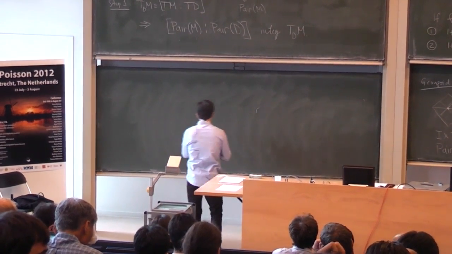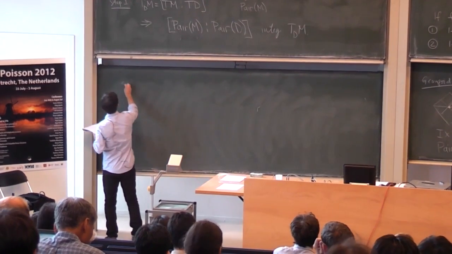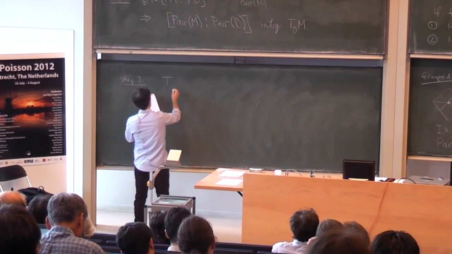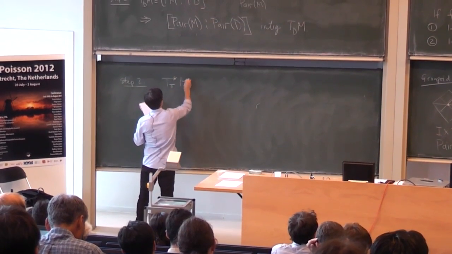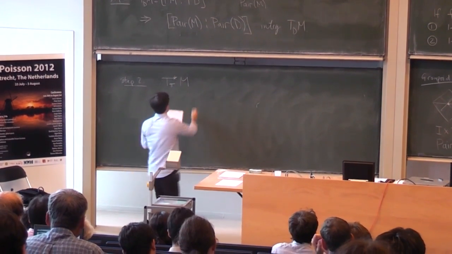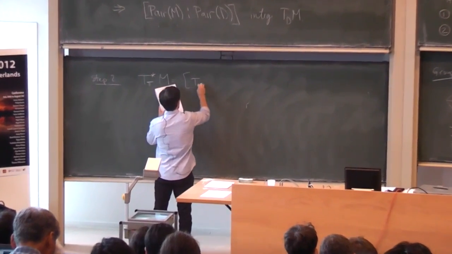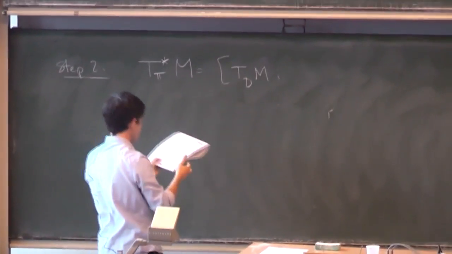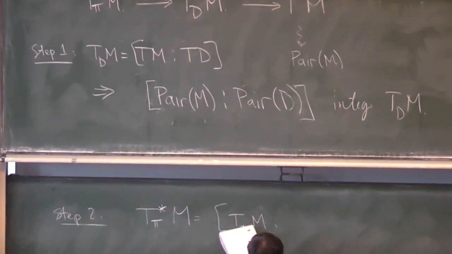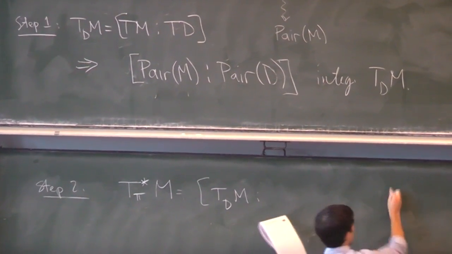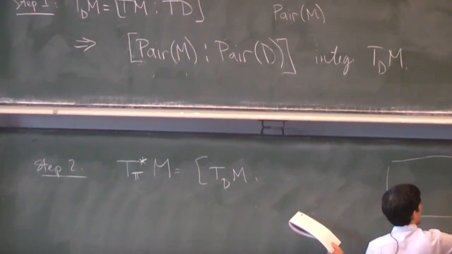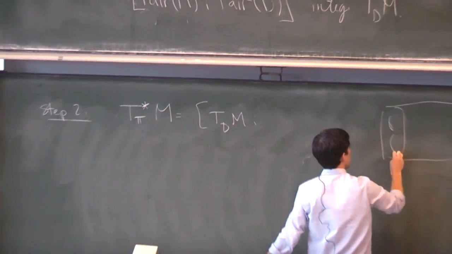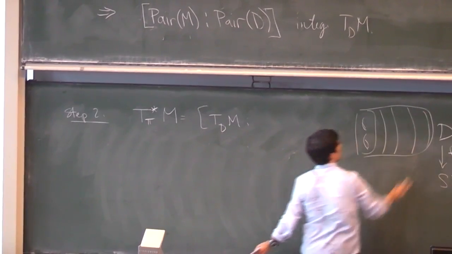And then step 2 is just to notice that this Lie algebroid can be expressed as the elementary modification of this one, TDM, in a Lie algebroid which you get. So remember that D fibers over S1 via a map F, which had these symplectic leaves.